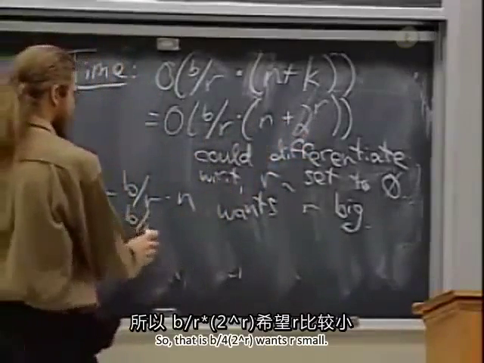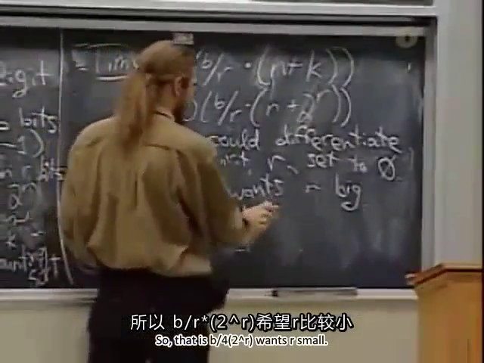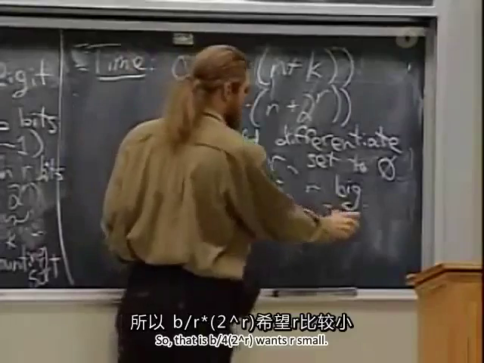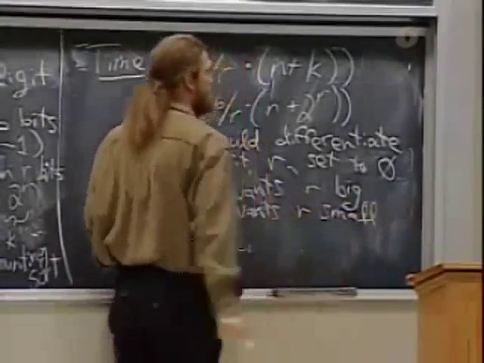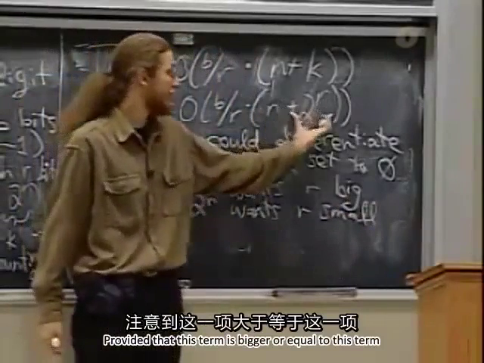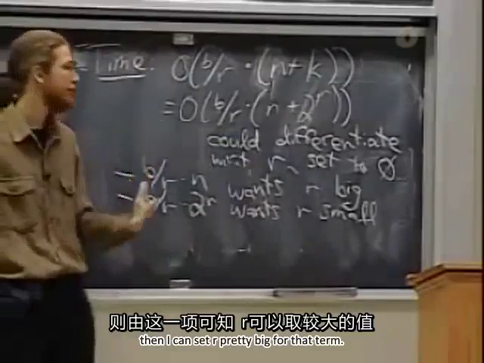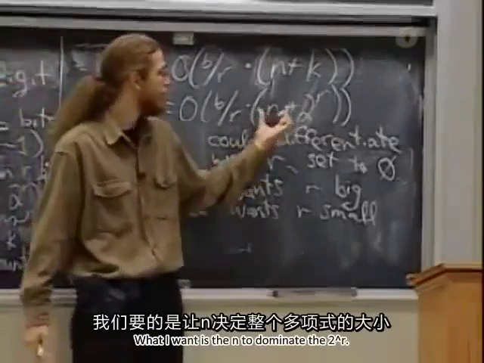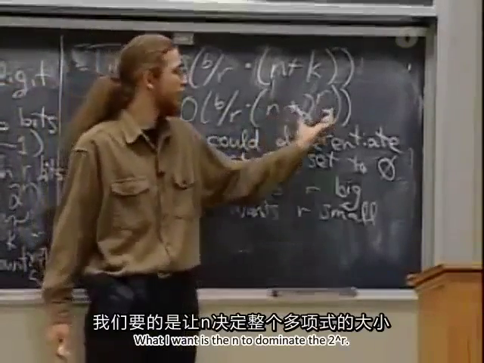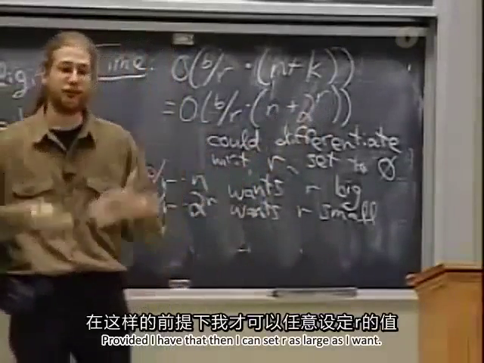So that's b over r times 2 to the r wants r small. So provided that this term is bigger or equal to this term, then I can set r pretty big for that term. So what I want is the n to dominate the 2 to the r. Provided I have that, then I can set r as large as I want.